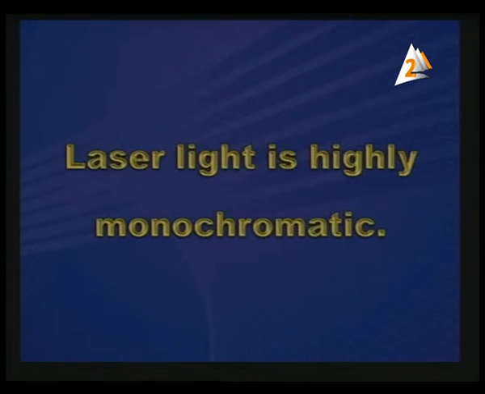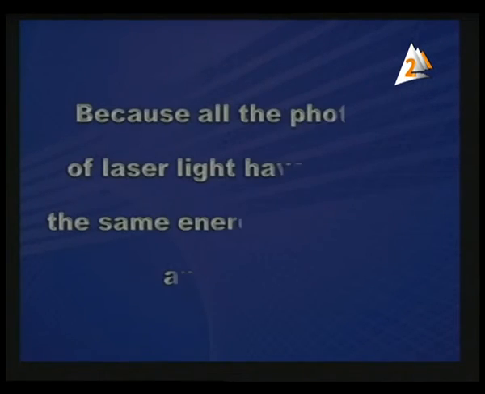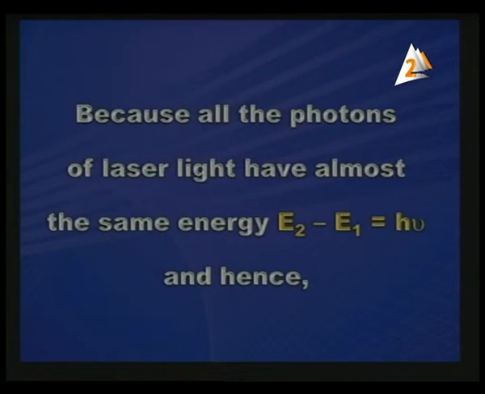Give reason: laser light is highly monochromatic. It is easy for you because all the photons of laser light have almost the same energy. They have the energy which is the difference between the excited state and the ground state, E2 minus E1, which is equal to h nu.